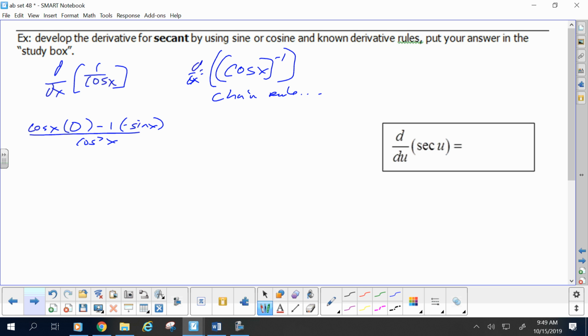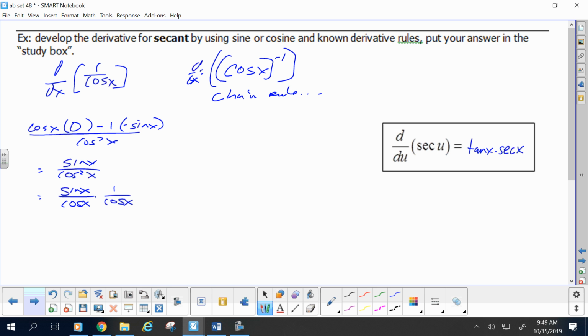You get positive sine over cosine squared, and that is fine, but that is not the typical way to write this. You typically break this up into sine over cosine and 1 over cosine, so that the derivative is tangent secant.